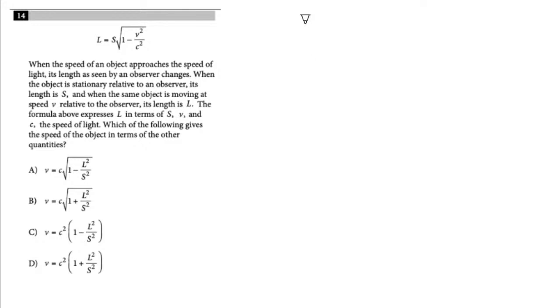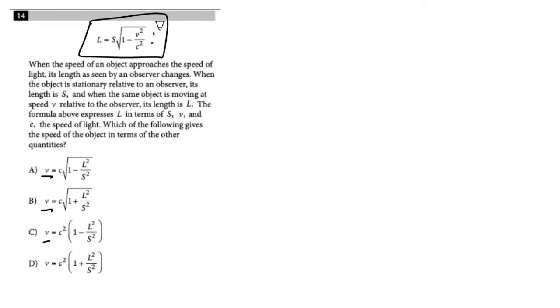Let's go. In this question, they gave us this identity. I don't read the question, but from the answer I see that they just want me to find V from this identity. So I do it step by step.